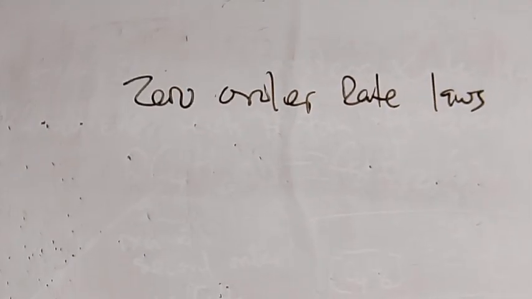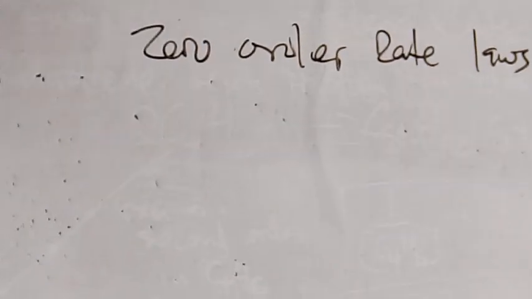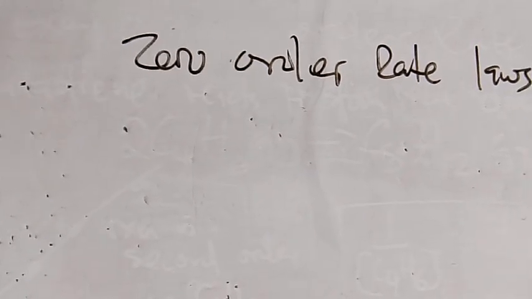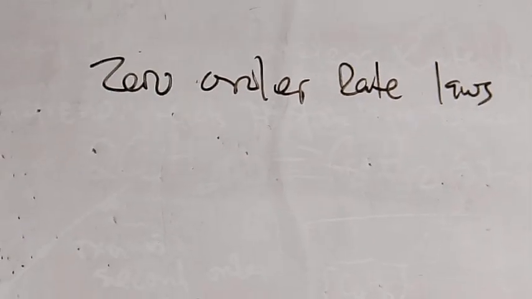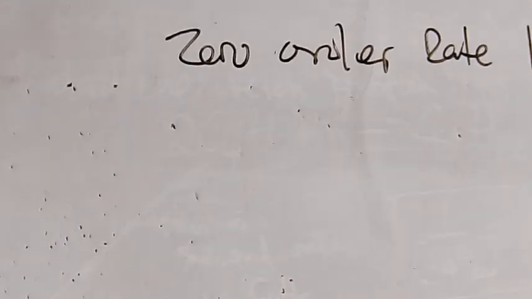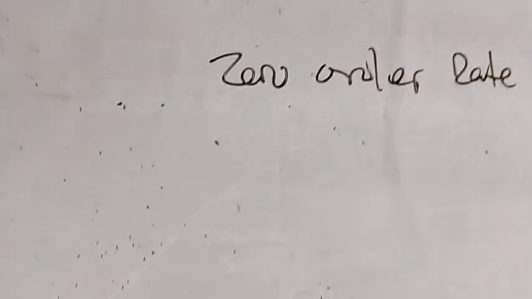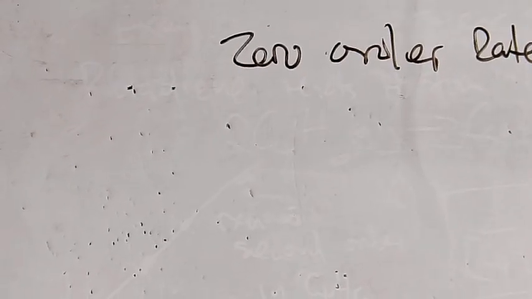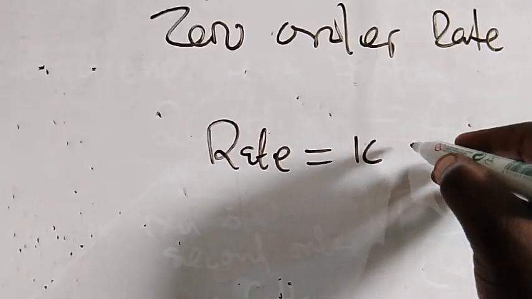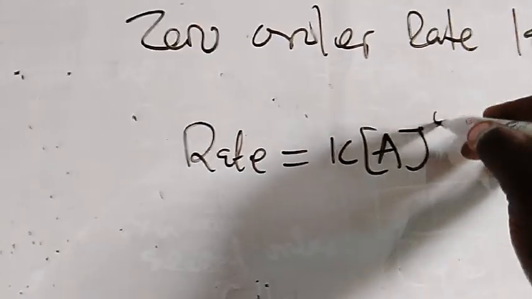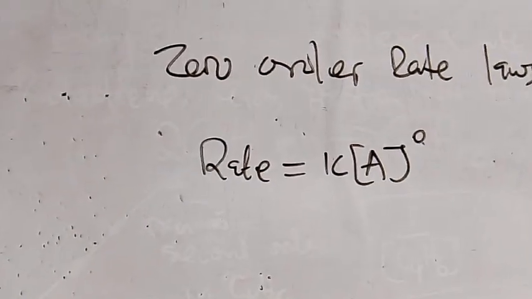Okay, so most reactions involving a single reactant show either first order or second order kinetics. However, sometimes such a reaction can also be a zero order reaction. So for a zero order, rate is equal to K A to the power 0.